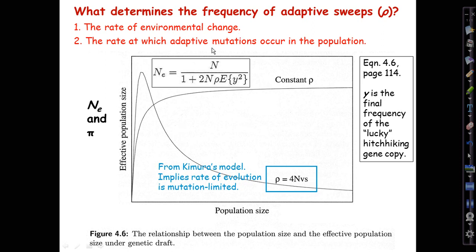And so then it turns out, with this rho term being like 4N times something small, in here we have an N squared term, and so after an initial sharp rise with population size, Ne and pi turn over and start crashing as the amount of adaptive sweeping goes through the roof with increasingly large population size, right?